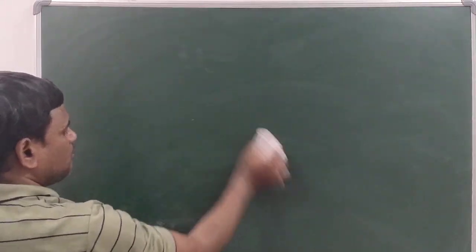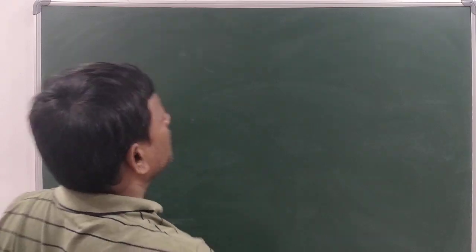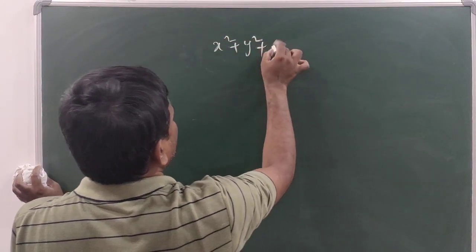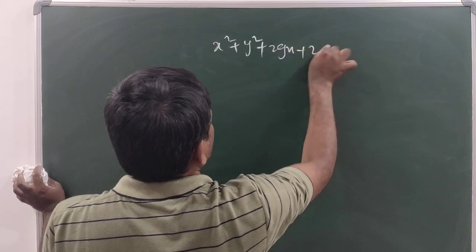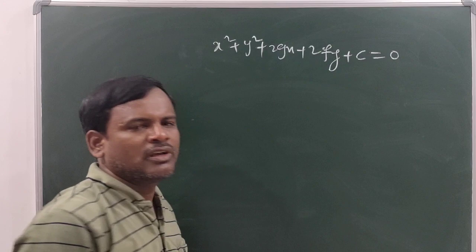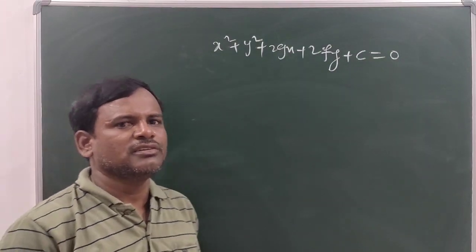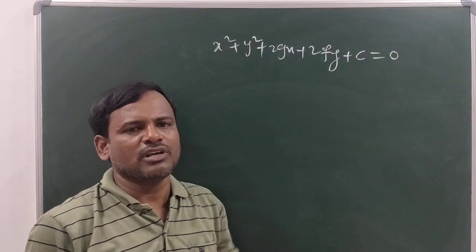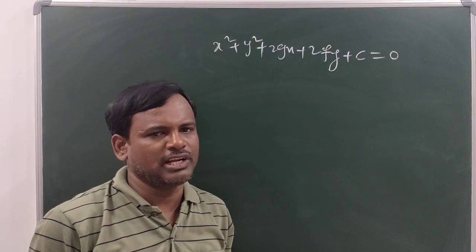Now let us see some notations related to this circle. So you know, x square plus y square plus 2gx plus 2fy plus c equal to 0. In most of the applications we will get a circle equation in either this form or x square plus y square equal to r square. In these two forms only we will get it.